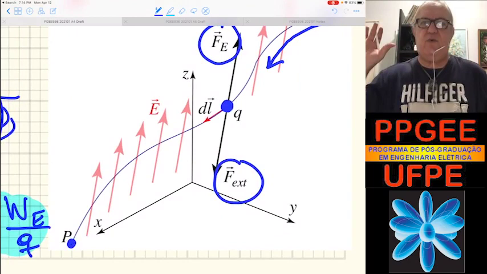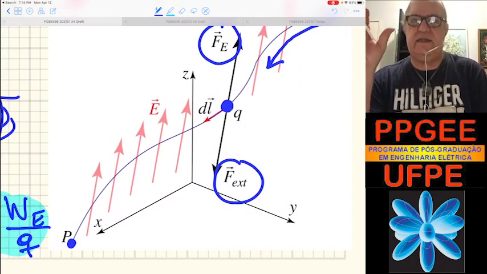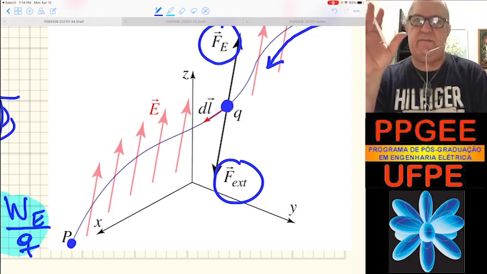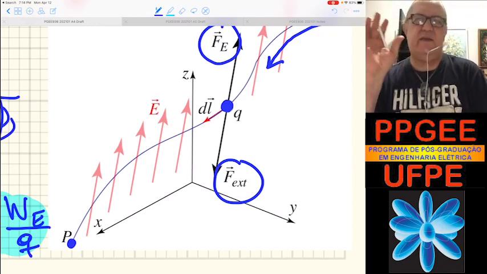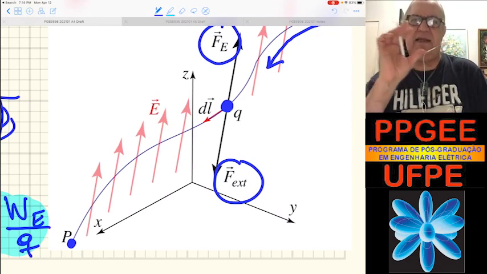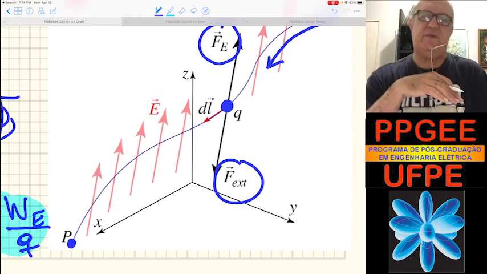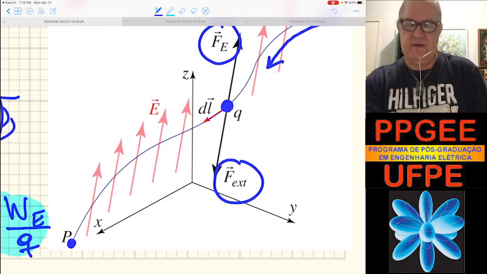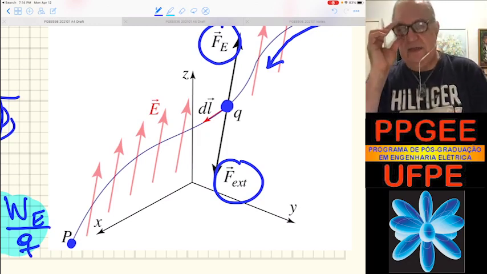So there is some work being done by the external agent, and this work is being given to the point charge. So at the end of the process, the charge is going to have some energy, because if the agent just lets it go, the charge is going to be accelerated toward the distribution or away from it, right? So that's the energy of the particle in the external field.